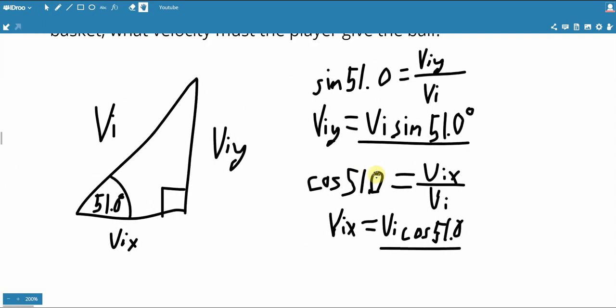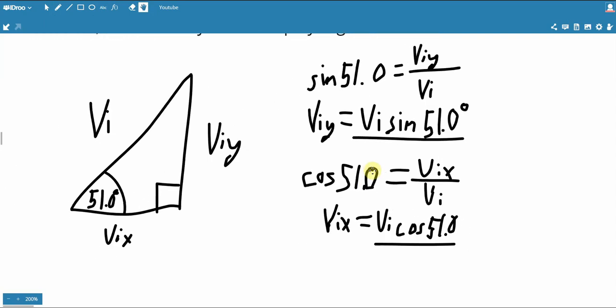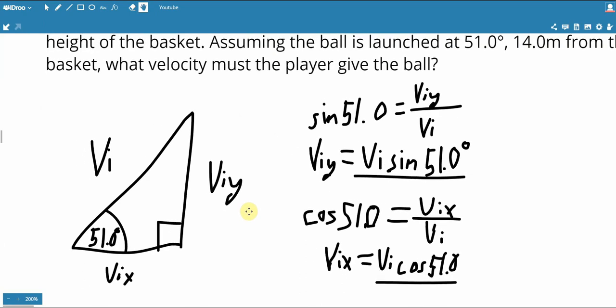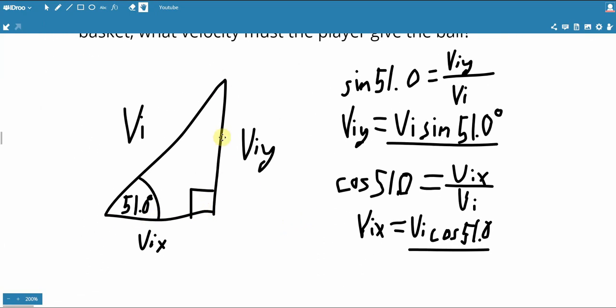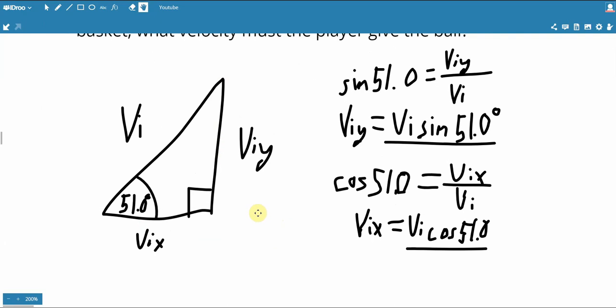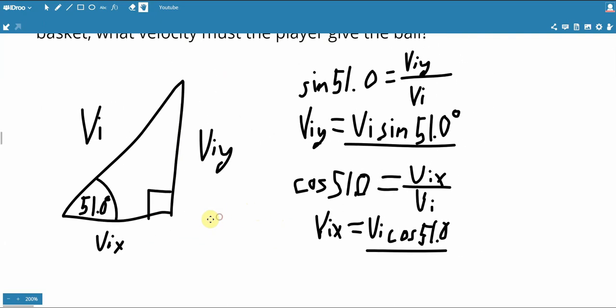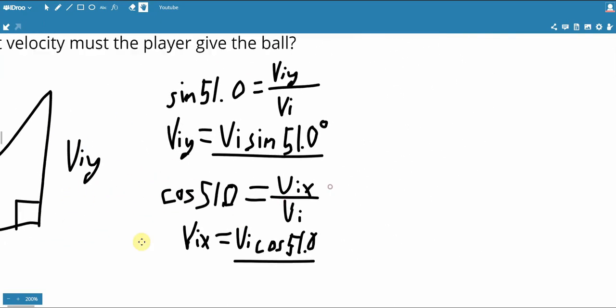Now, when we're doing projectile motion questions, you have to think of it as two different problems, one for vertical, one for horizontal. So I think I usually start with the vertical.